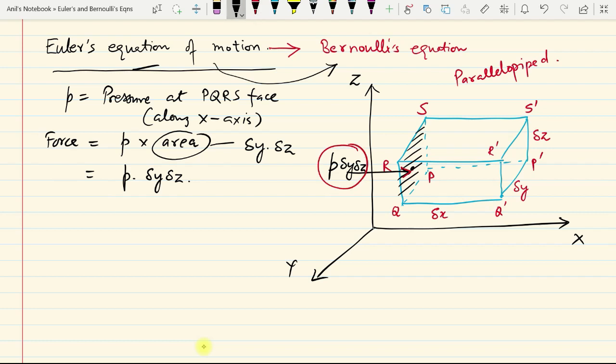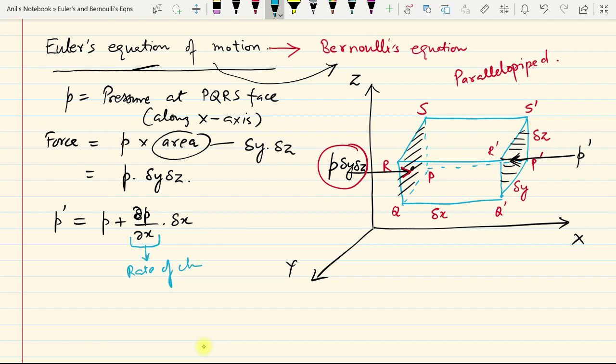Similarly, we will have pressure on the right hand side face, and suppose P dash is the intensity here. Now what is P dash? Mathematically we can express it like this: P plus del P by del x into delta x. Why do we express it like this? Because this particular term del P by del x is the rate of change in pressure intensity along the x-axis.